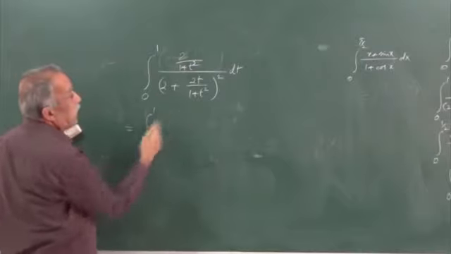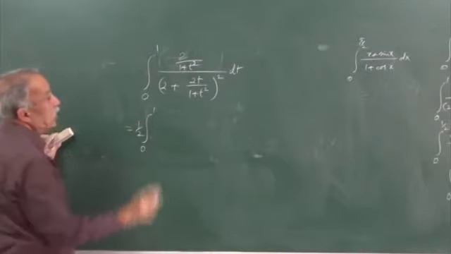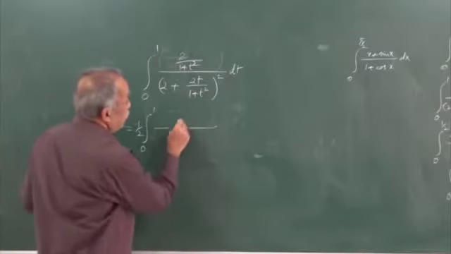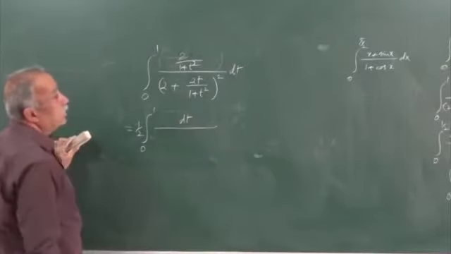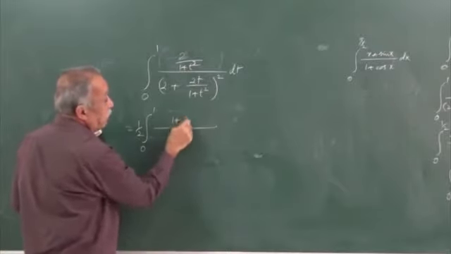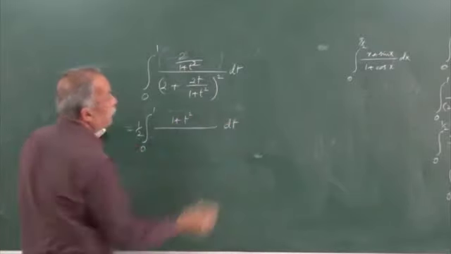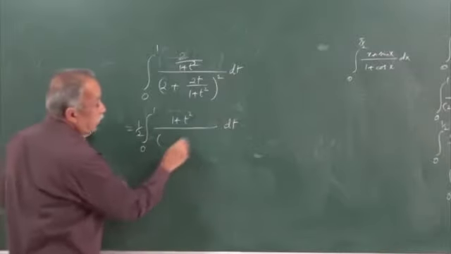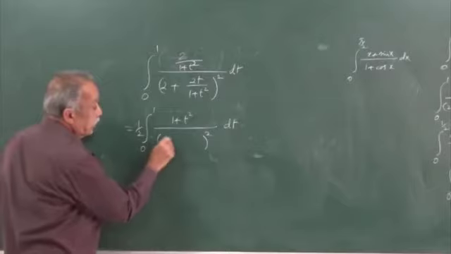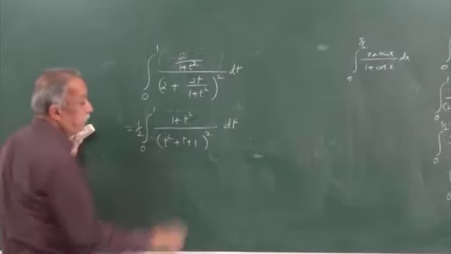In denominator I am having a 4. After removal of 2 from numerator, it will be 2 in denominator, dt by, 1 plus t square will go to the numerator, 1 plus t square dt by square of t square plus t plus 1.